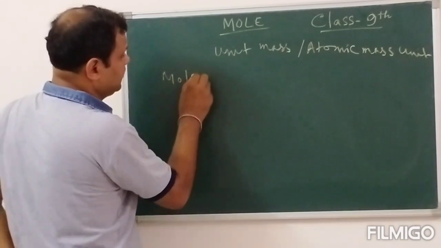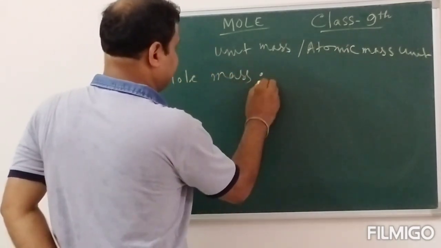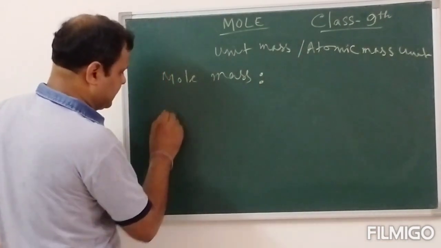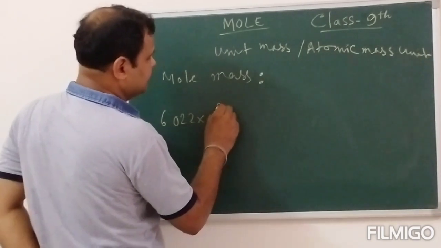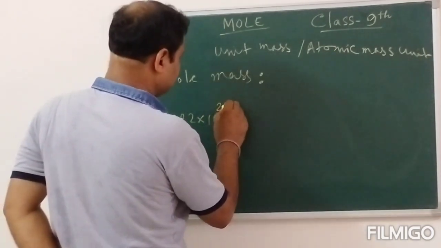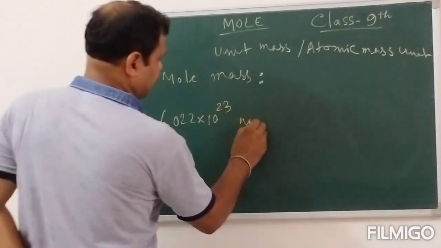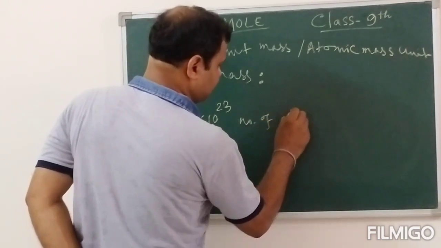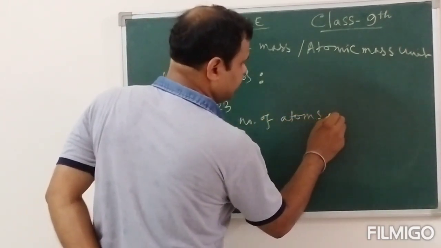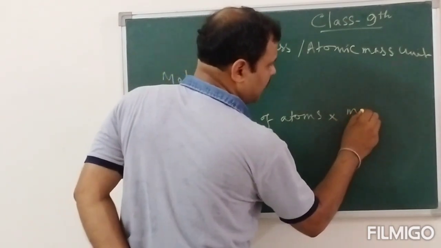That is the mole mass. As we told, mole is nothing but the number 6.022 into 10 raised to 23 particles. So this number of atoms into the mass of one atom.